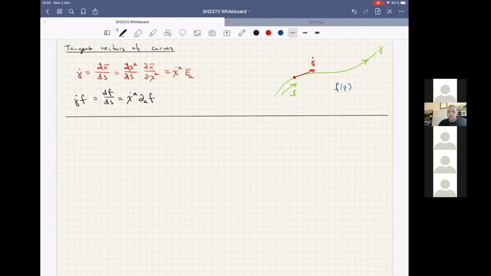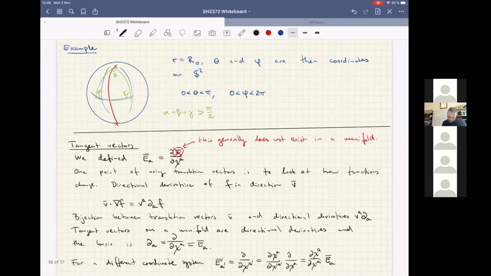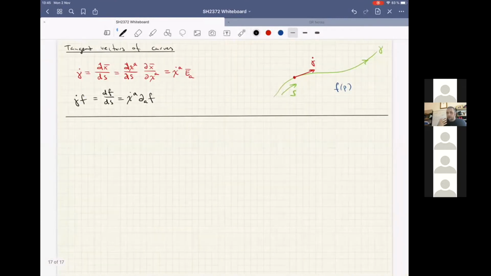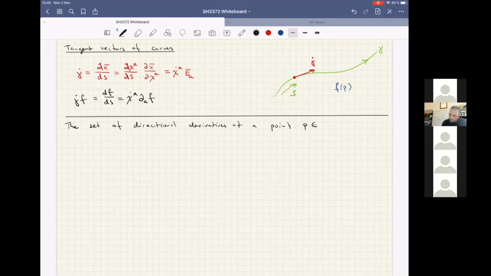Okay. So this, what we talked about now, let's see, I didn't say that, no. So these directional derivatives, so the set of directional derivatives at the point P, so P is a point in the manifold, we will refer to the set of all possible directional derivatives at this point as the tangent space of the manifold M at P. And we are going to denote this TPM.